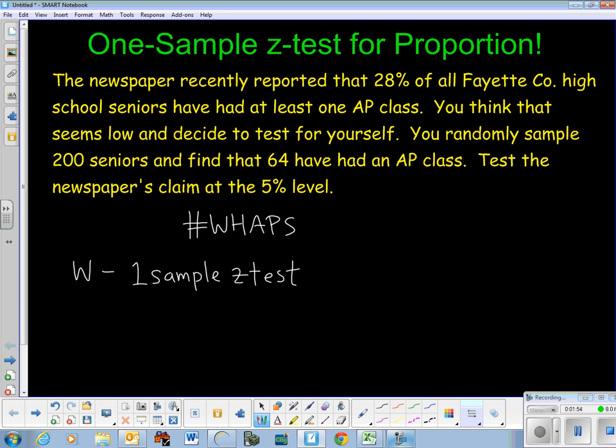This will make more sense when we start to compare two samples, like the percentage of Lexington seniors against the percentage of Louisville seniors, something like that. But for now, we just have one population, one sample. And it's a z-test because in proportion land, you use z-scores on the original normal curve. We don't have to deal with degrees of freedom like we will with a t-test in the next video.